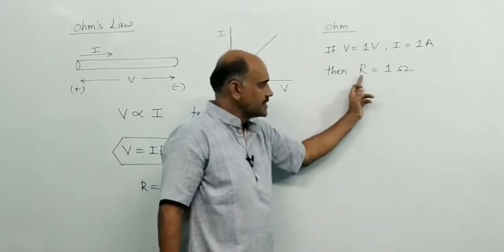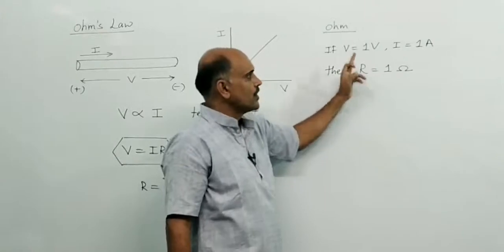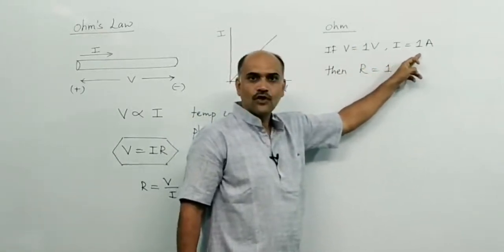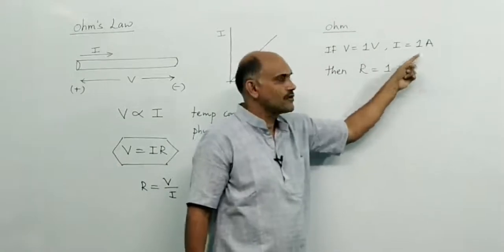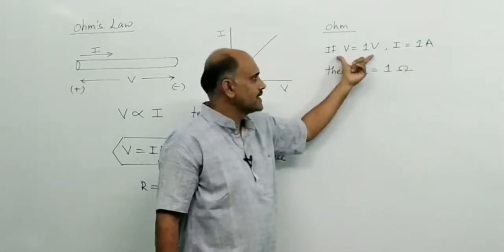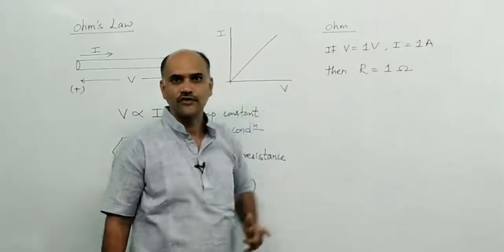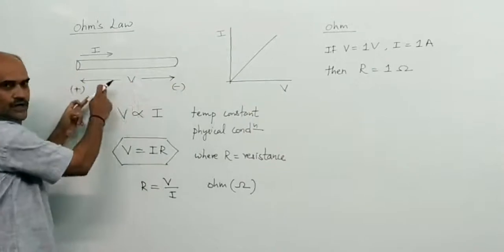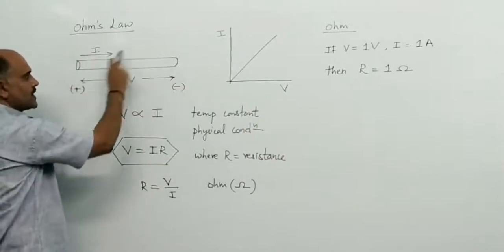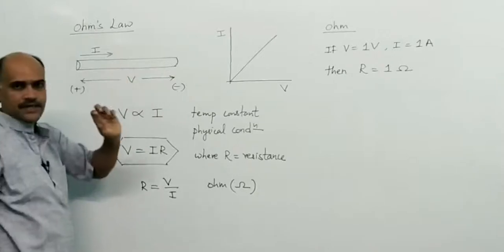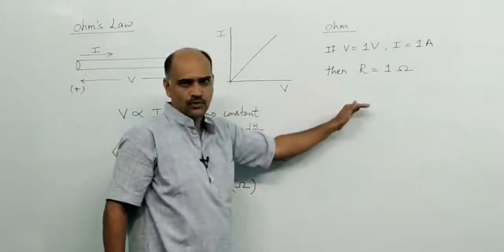It is resistance offered by a conductor to the flow of 1 ampere of current through a conductor maintained at a potential difference of 1 volt. So suppose if potential difference is 1 volt, 1 ampere of current is flowing from this end to this end, then resistance is said to be 1 ohm.